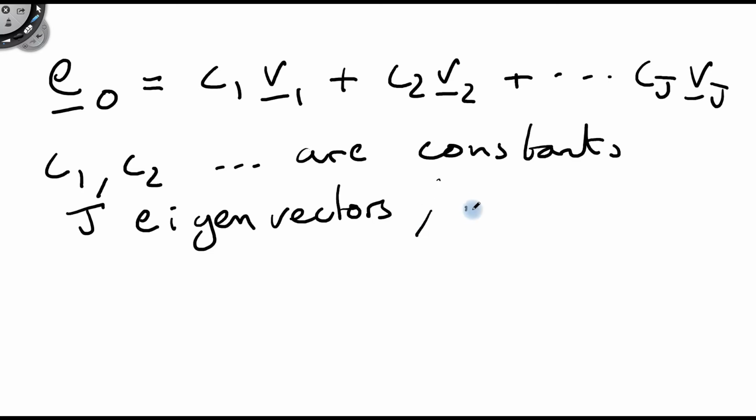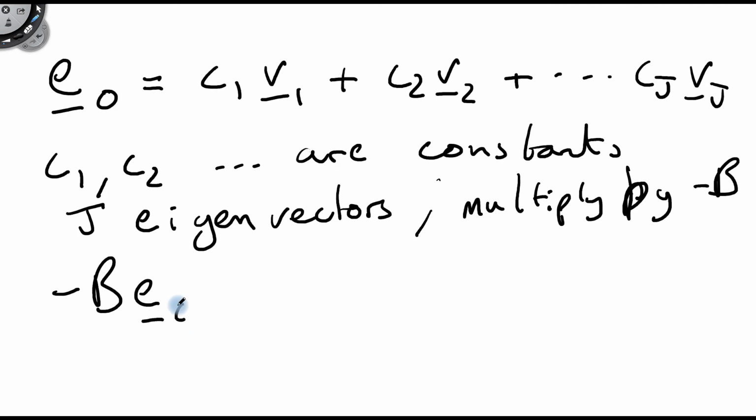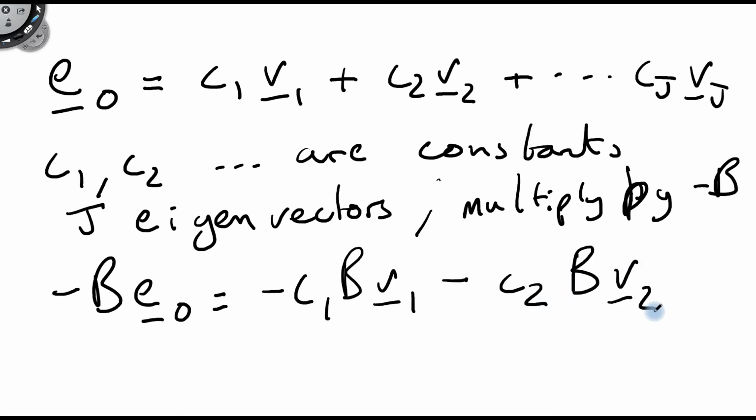If we multiply by minus B, we then have minus B e^0 equals minus c_1 B v_1 minus c_2 B v_2 minus ... minus c_J B v_J.